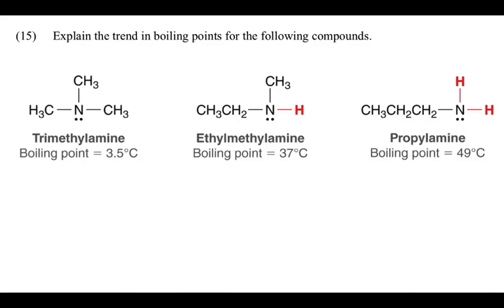Because as you go from left to right, trimethylamine has no hydrogen bonds, ethylmethylamine has 1, and propylamine has 2. Exactly. It's all about hydrogen bonds. Absolutely right. Trimethylamine has no ability to form hydrogen bonds. This can make 1 hydrogen bond, depending on how you count.